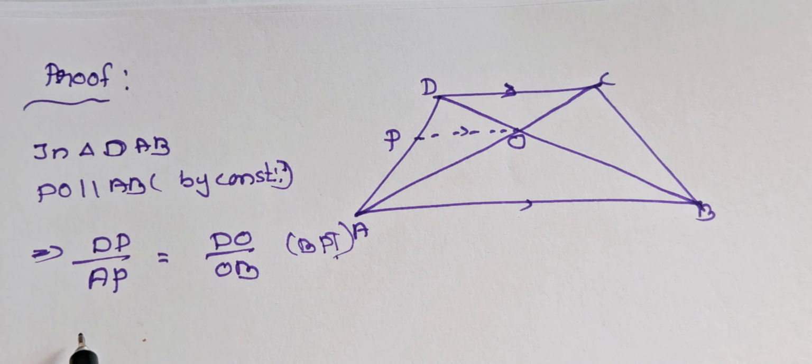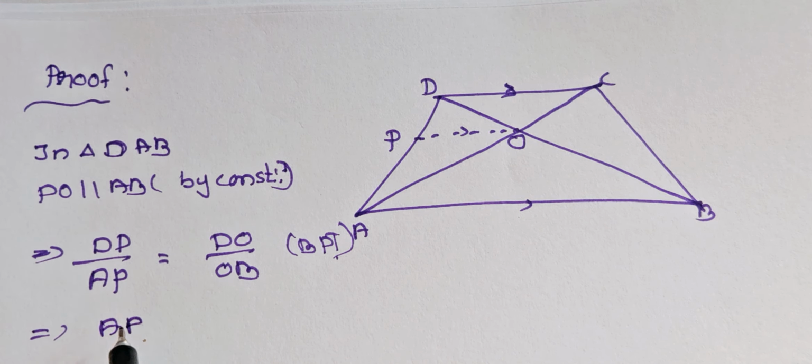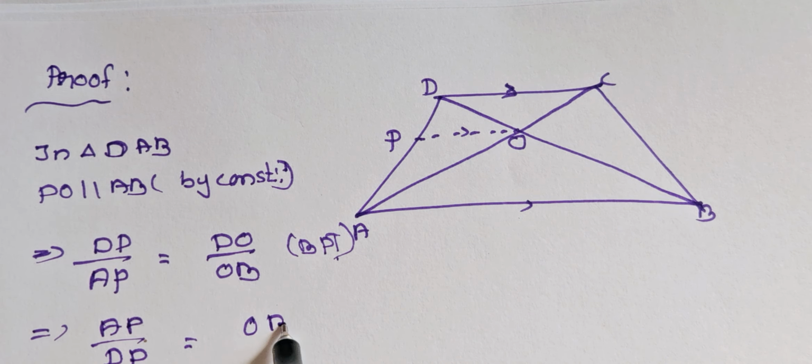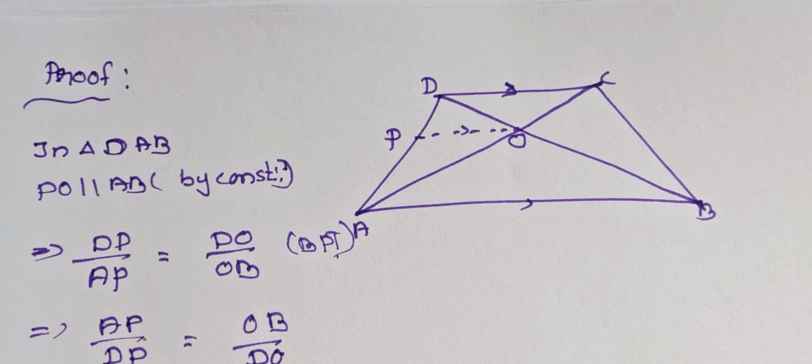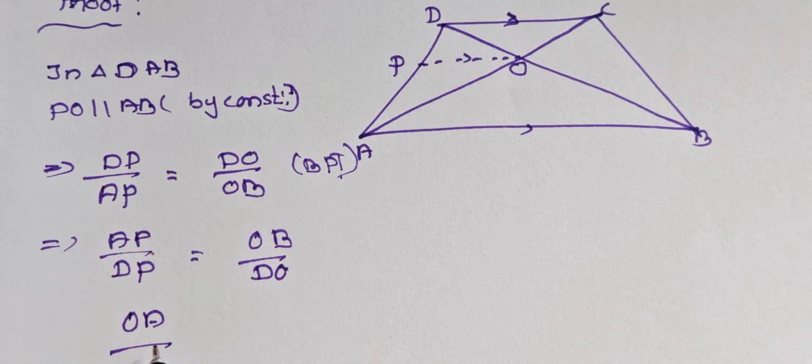Now, from this one, by taking reciprocal, we can write AP divided by DP equal to OB divided by DO. But we have given that OA by OB equal to OC by OD.